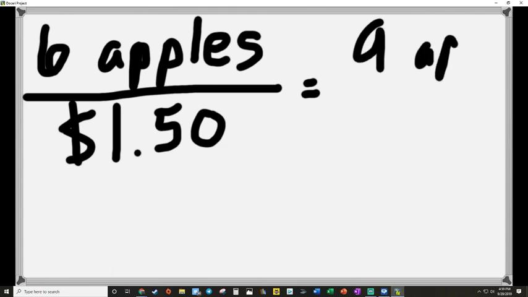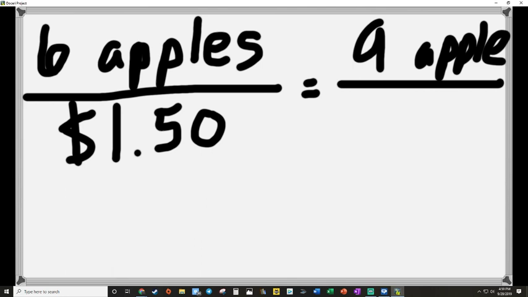Similar to what we did a while ago, I'm going to put apples on top, money on the bottom. We've got to figure out how much it is going to cost us to get 9 apples compared to the $1.50 it cost for 6.